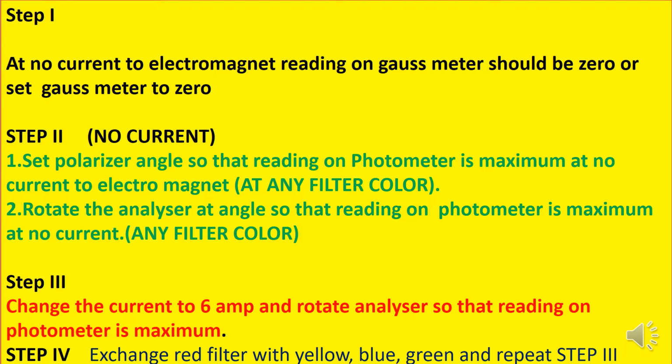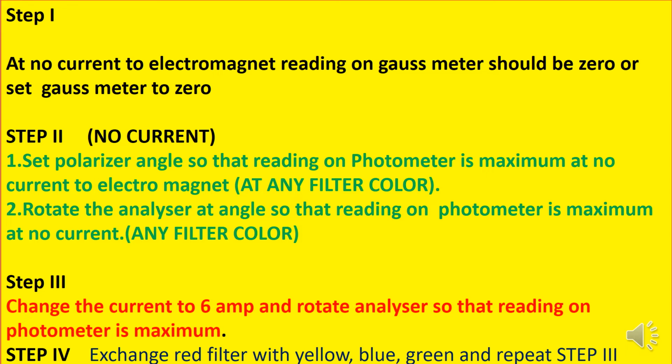Now when it is fixed, maximum light through the polarizer falls upon the electromagnet, and then on the material, then on the analyzer. And we will try to move the analyzer in such a way so that maximum light falls upon the detector, and accordingly this is passed on to the photometer.